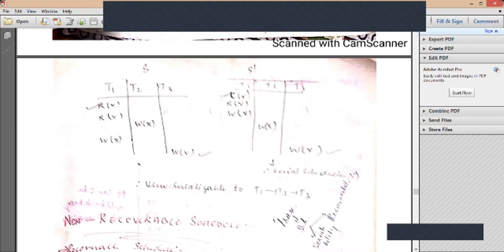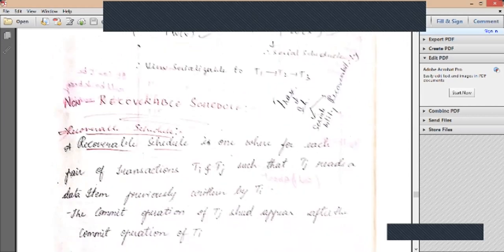Now I'll add some data, suppose I add or subtract an x value or y value, and perform some operations. If we get the same data in the S dash schedule, then it is called view serializability.